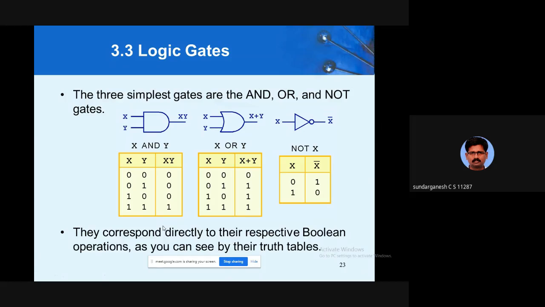The AND gate we have already seen: if any one of the values is 0, the output is 0. In the OR gate, the output is 1 for all combinations except when all inputs are 0. Finally, the NOT gate, which is an inversion.